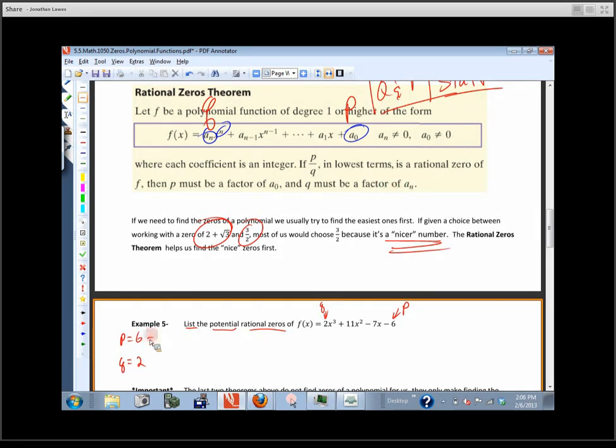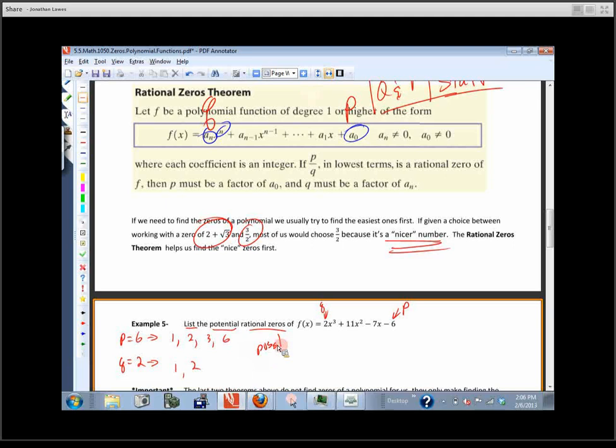So here's what I do. I list the factors of 6. 1 goes into 6, 2 goes into 6, 3 goes into 6, 6 goes into 6. What numbers are factors of 2? 1 and 2. So here's P, I put it on the top. Here's Q, I put it on the bottom. I list the factors, and then I do this.